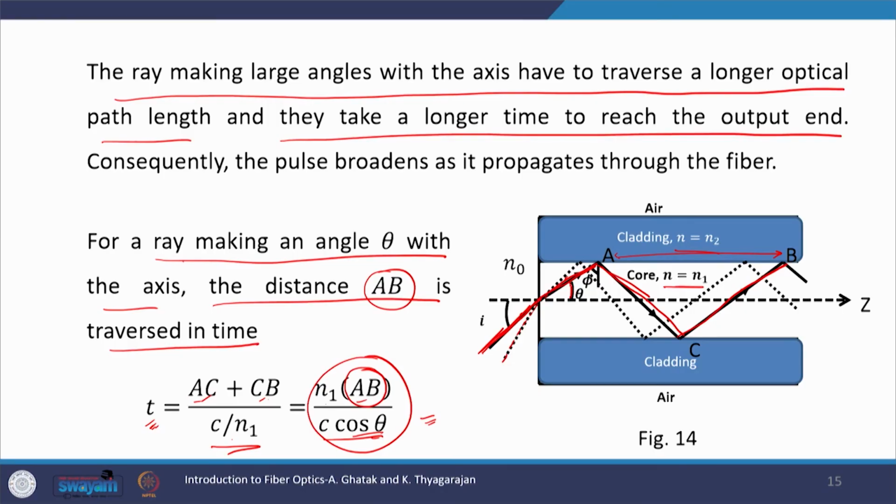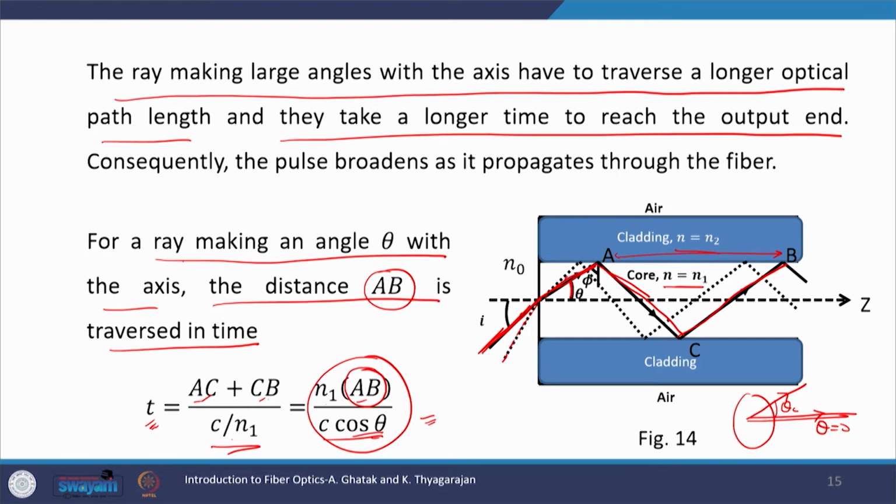This theta, as you can see in the figure, is measured with respect to the axis. In one fiber, the fastest ray would be in this direction, for which theta is equal to 0, and the slowest ray would travel in this direction, for which theta would be equal to theta C.